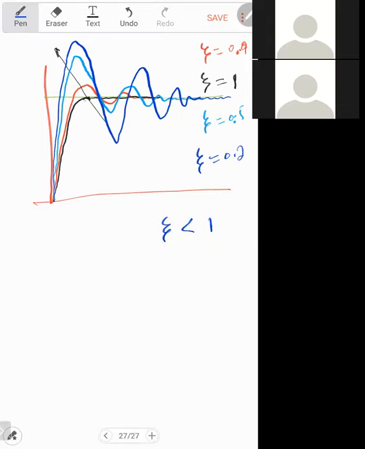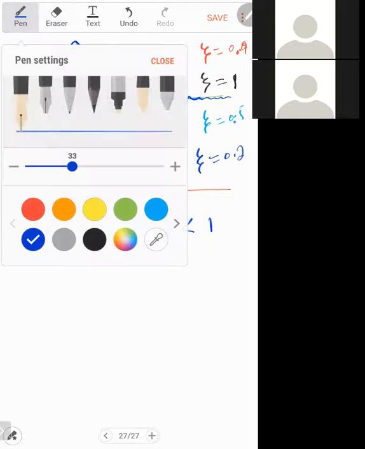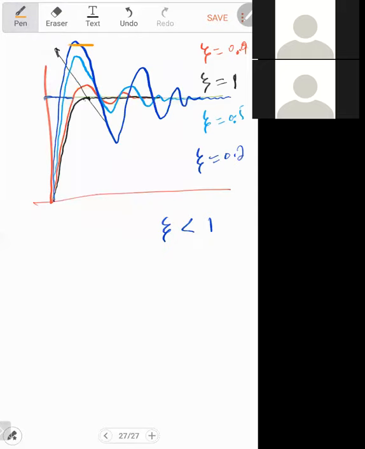You see we have to control the overshoot. We do not want the response to cross this line. So we have to balance the system in such a way as to reduce this one. We have to bring it to this side. We have to reduce this one.